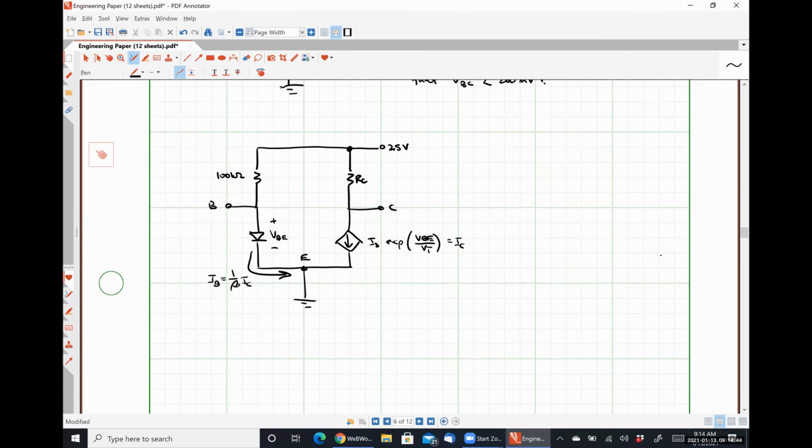So in the 1 minute that we have remaining, what relationships can we figure out that might allow us to solve for VBE? Because once we know that, we can figure out pretty much everything else fairly straightforward.